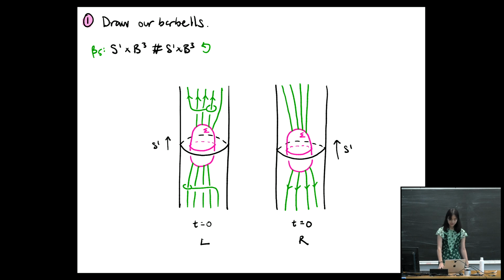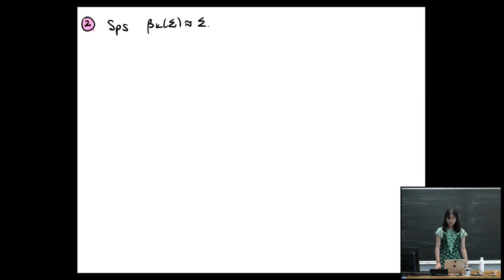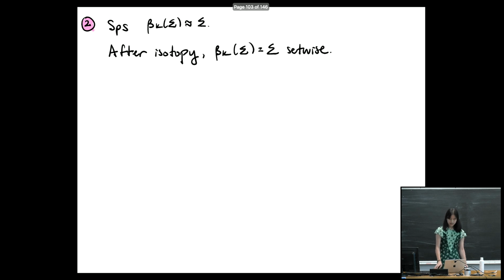Okay, so this is our barbell. And so now we want to show that our barbell actually knots sigma. So for a contradiction, let's suppose that it doesn't. Let's suppose that beta k of sigma is isotopic to sigma. That means after isotopy, we can assume that beta k of sigma is equal to sigma. Is that wise? And of course, that means that beta k restricts to a diffeomorphism of S3.